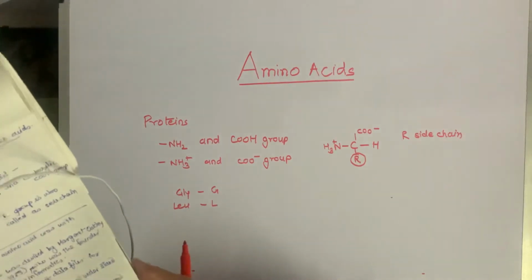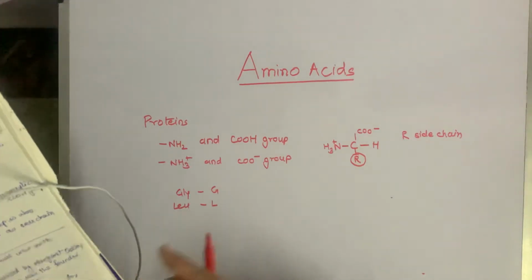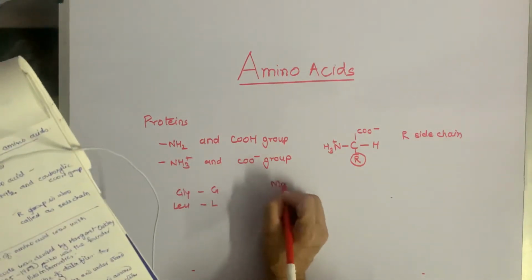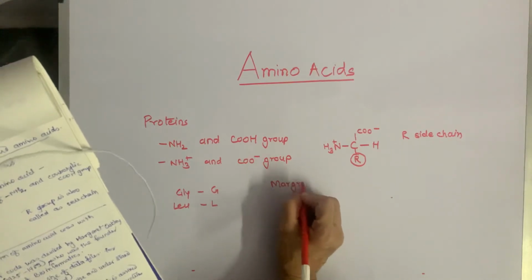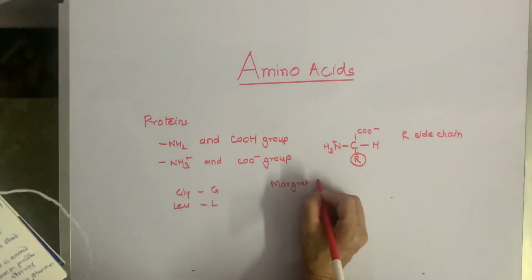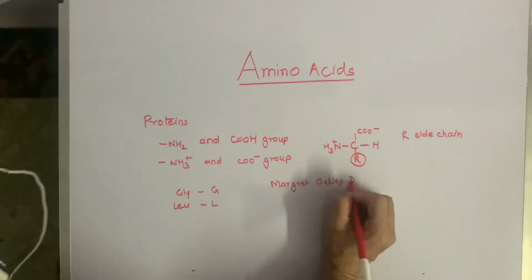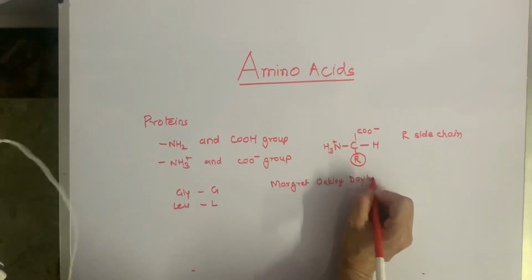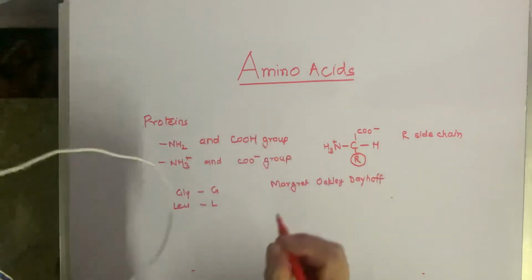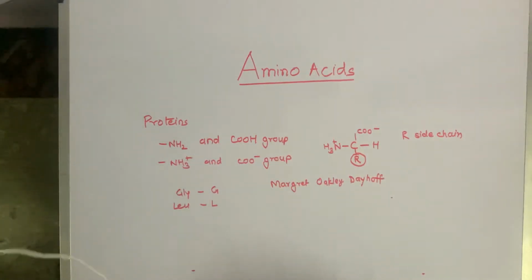Later, the 1-letter code was devised by Margaret Oakley Dayhoff, who was a founder in the field of bioinformatics. This was done to reduce the size of data files for amino acid sequencing. We can easily memorize and understand its origin.